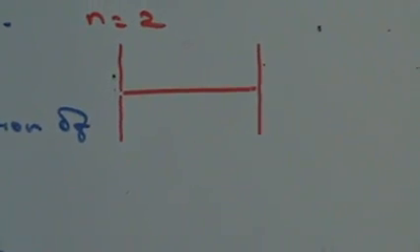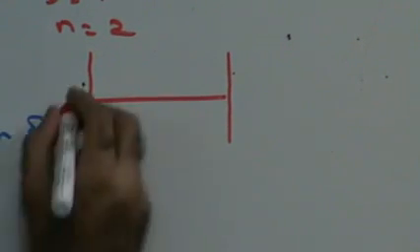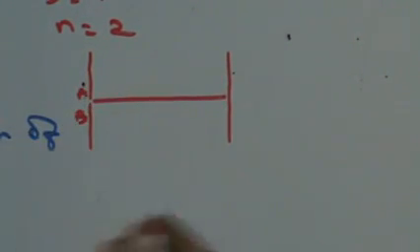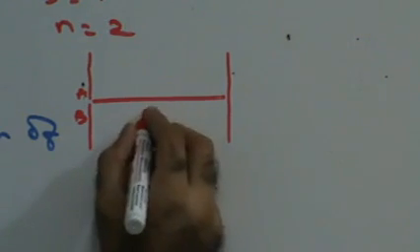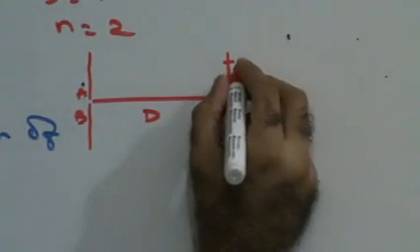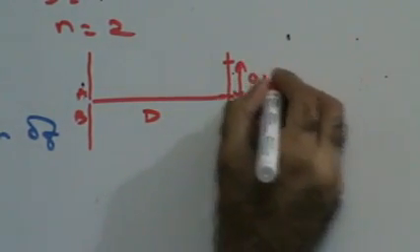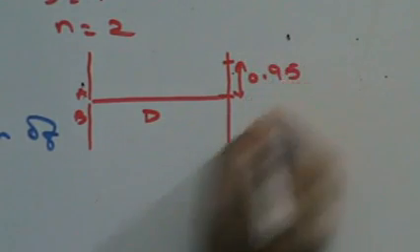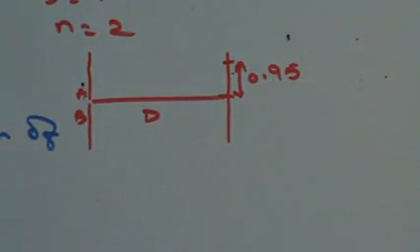Right? Let's see this. They've given you that, let's assume that AB is the slit. This is the screen. The screen is at a distance of D. I have second minima which is obtained at a distance of 0.95 centimeters.